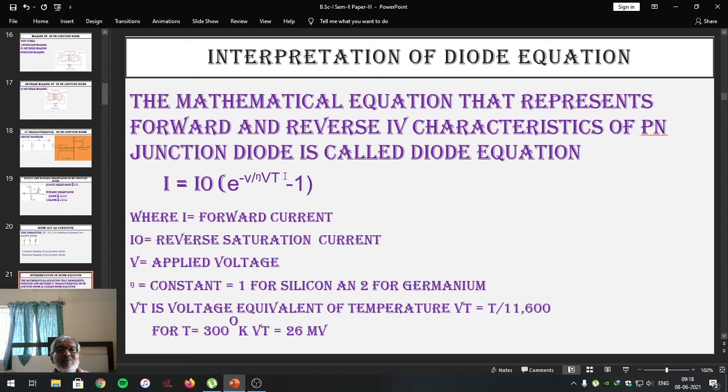Now Vt is the voltage equivalent of temperature, given by T upon 11,600. For T equal to 300 degrees Kelvin, Vt comes to be 26 millivolt.